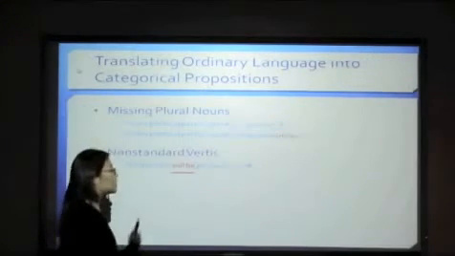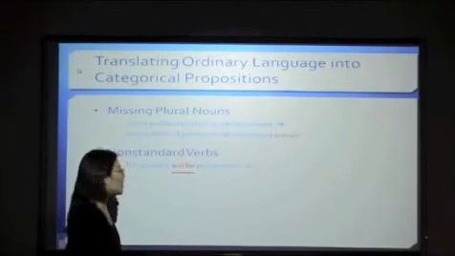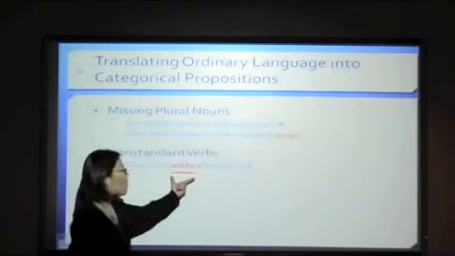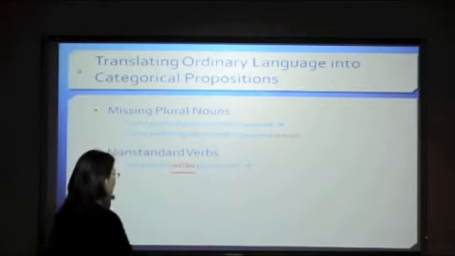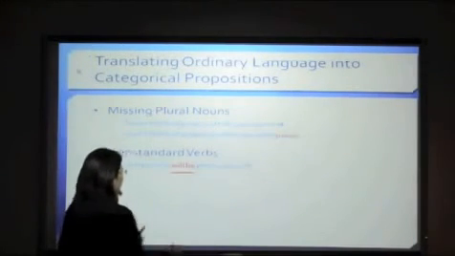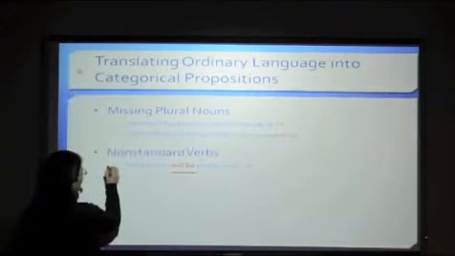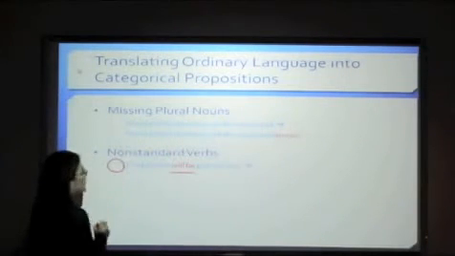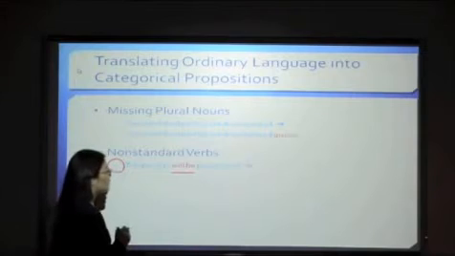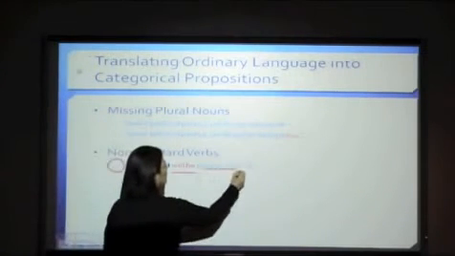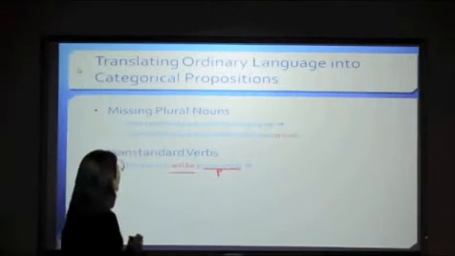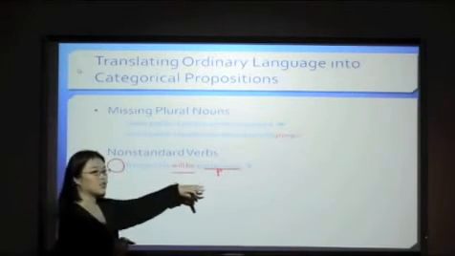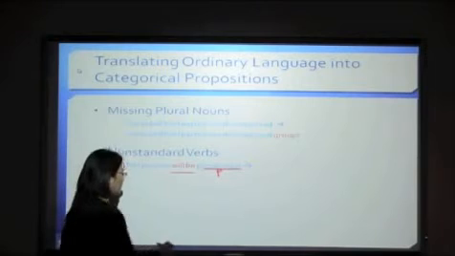So we want to translate this statement such that we change the verb to are or are not. Also, another problem with this is that you don't have a quantifier, okay? So there's no quantifier here, and the predicate term is not a plural noun. So you actually have 3 issues with this ordinary language statement.